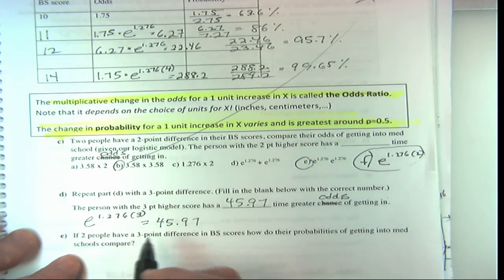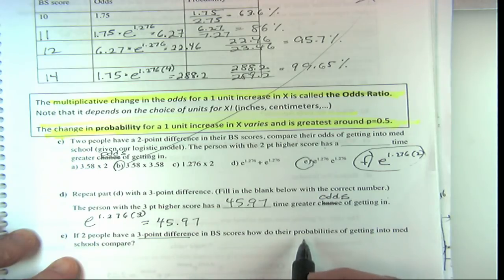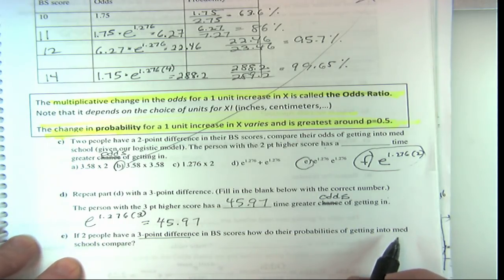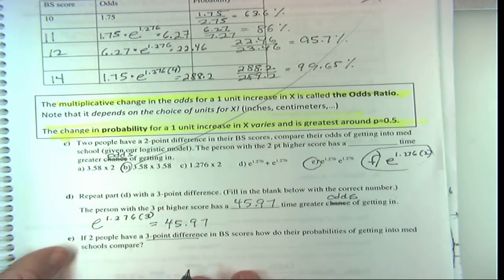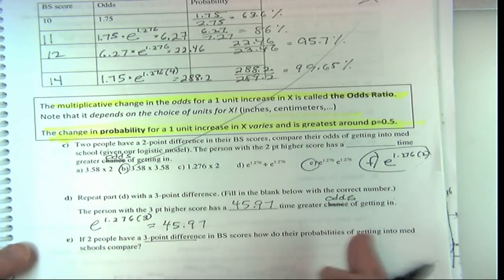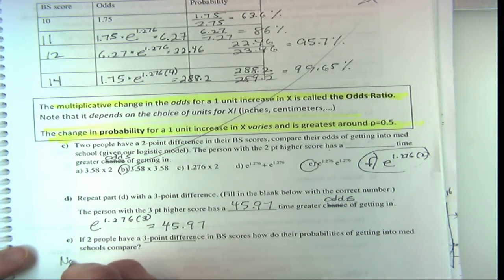Now, if 2 people have a 3-point difference, we know their odds. How do their probabilities of getting into med school compare? Well, remember, this just tells you you don't have enough information. Why?